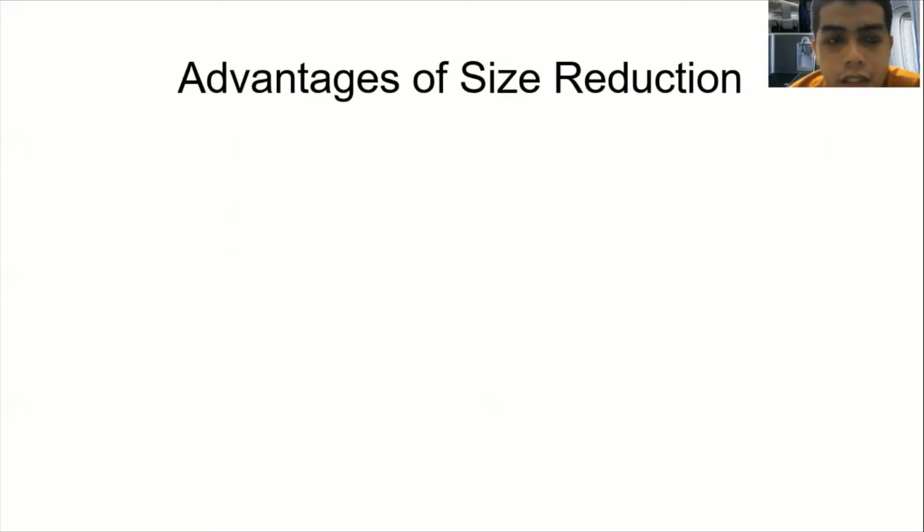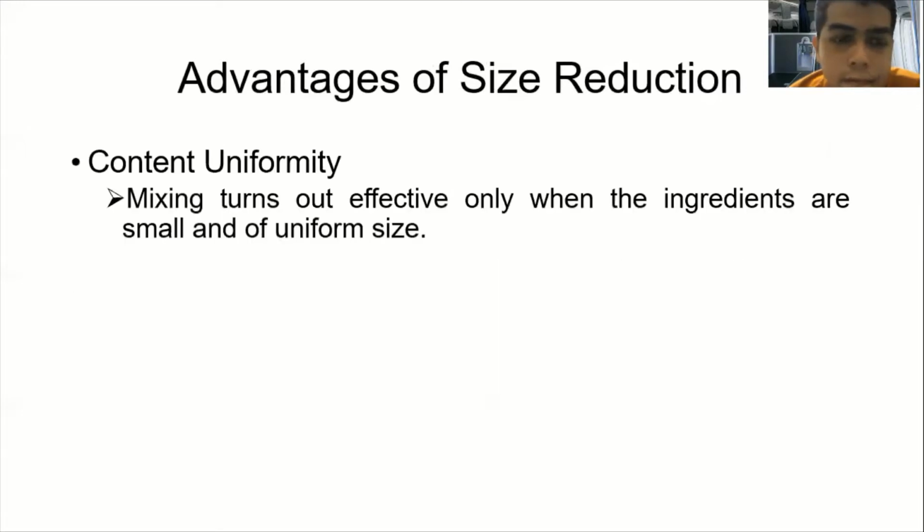So the advantages. The first one is content uniformity. As I said earlier, content uniformity means they should all be the same size so you won't have difficulty with dosage. Mixing turns out effective only when the ingredients are small and uniform in size.